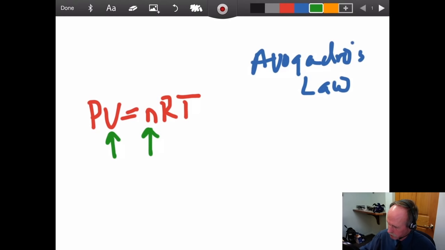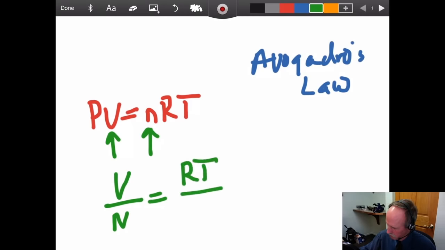Simply rearranging this, we get V over n equals RT over P equals V2 over n2. Okay, so those are the basic equations that we need to use.